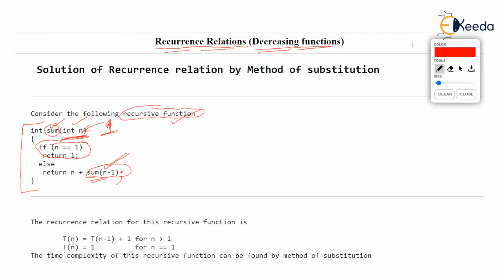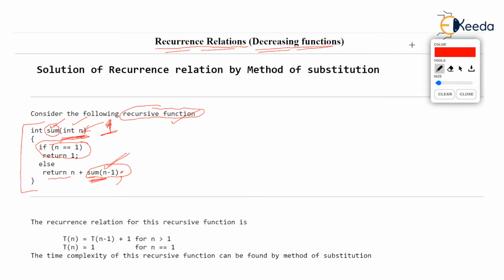Otherwise, if n is not 1, like if it was 4, 3, 2, then else will execute and it will return n plus sum of n minus 1. But important point to notice here is that the data size, that is n, is getting decreased by 1 due to each recursive call. Hence, we call these type of recurrence relation that we will get as decreasing functions.